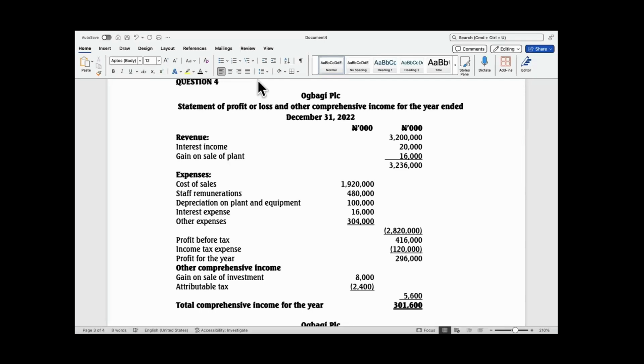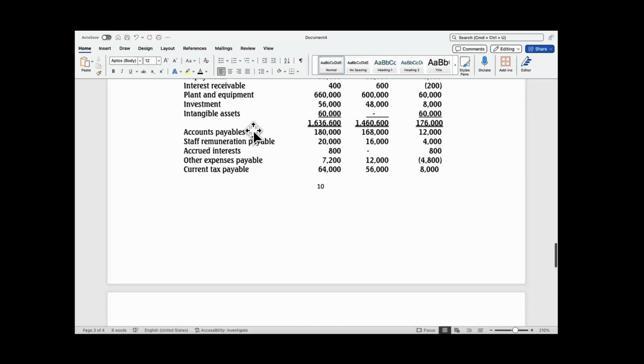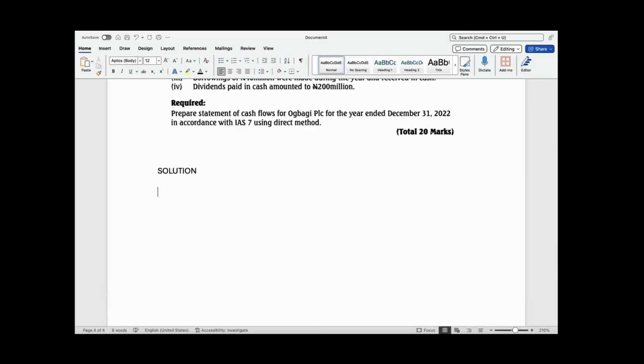This question we're looking at is from last diet. So in case you also want to open it up, because I will be going back and forth to check it. We're looking at Gbagi PLC. We are required to prepare a statement of cash flows.